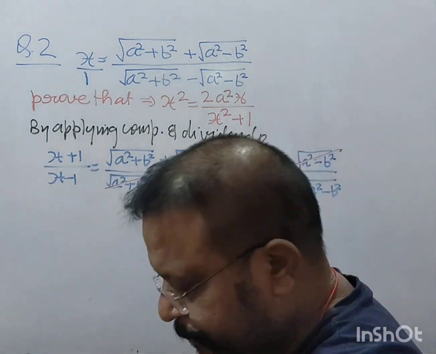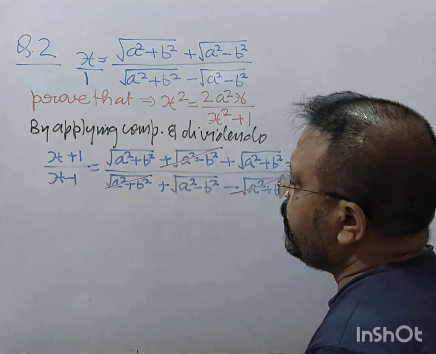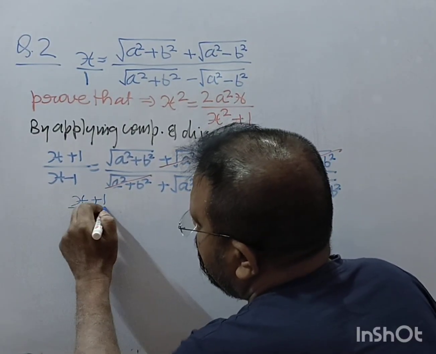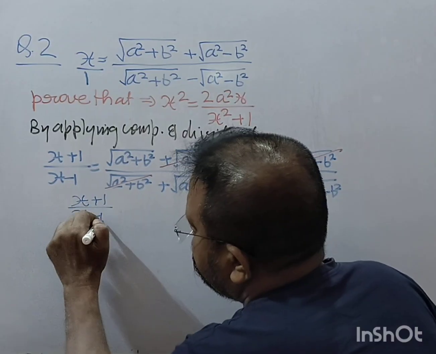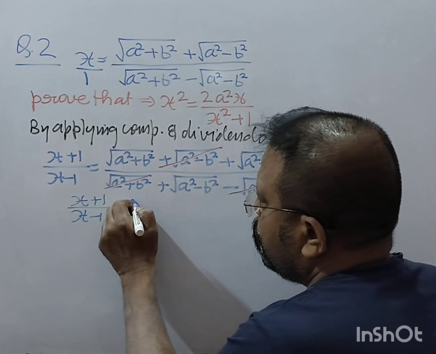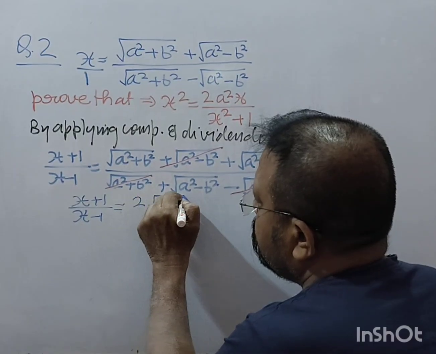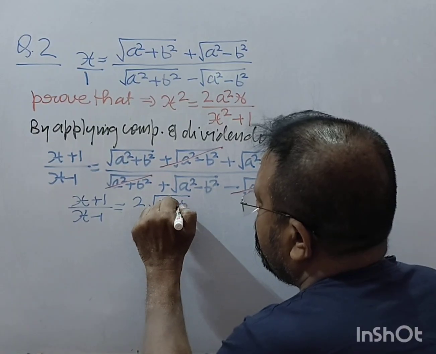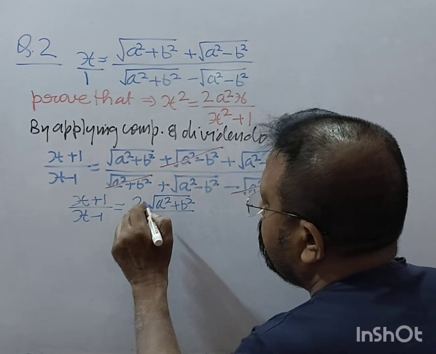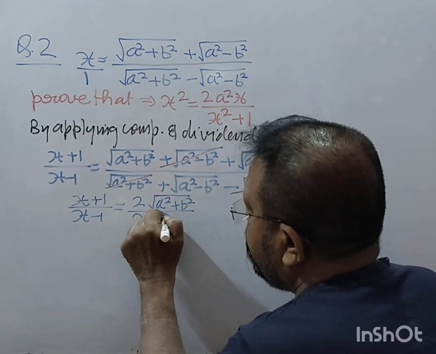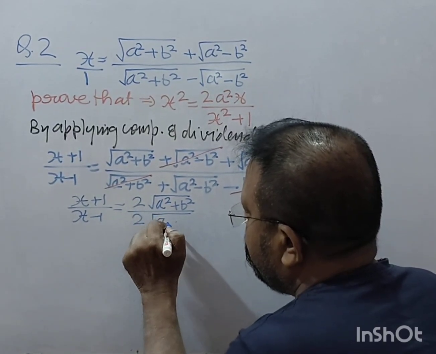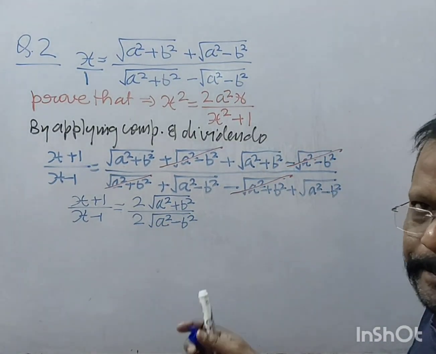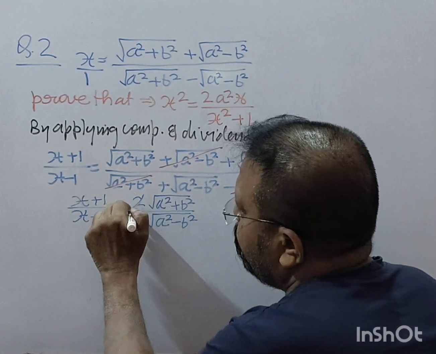So you get x plus 1 upon x minus 1 is equal to 2 bracket root a square plus b square upon 2 bracket root a square minus b square. You get this? This 2 and 2 is gone off.